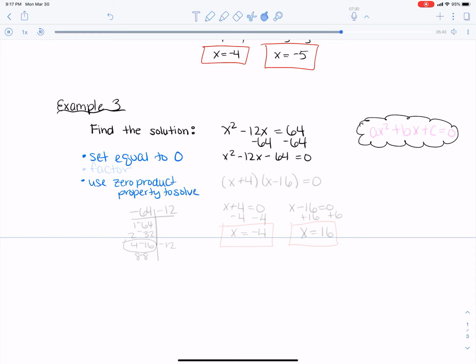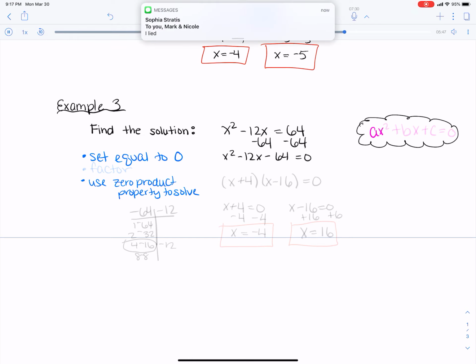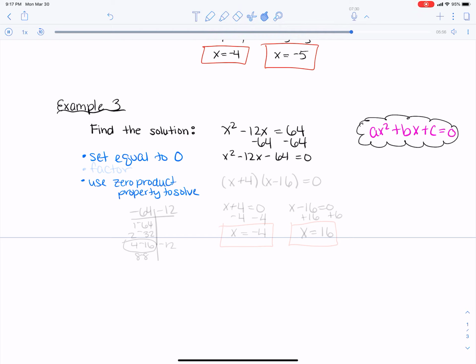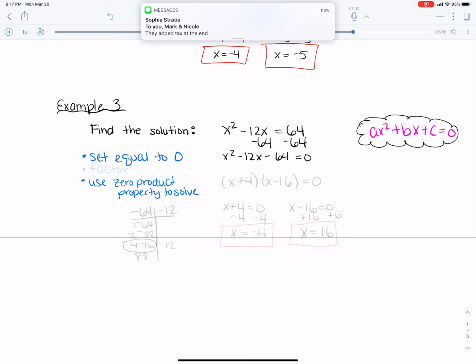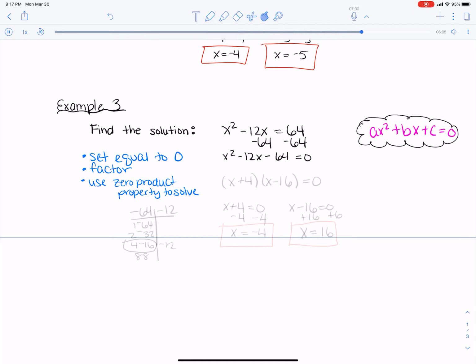Now this should look familiar because remember the standard form of a quadratic is ax squared plus bx plus c, while now the only thing added is an equal 0. All right, so once we've set our quadratic equal to 0, now we want to factor. So we're going to make our table.